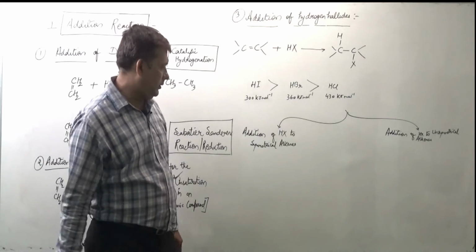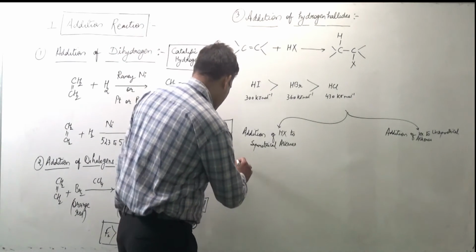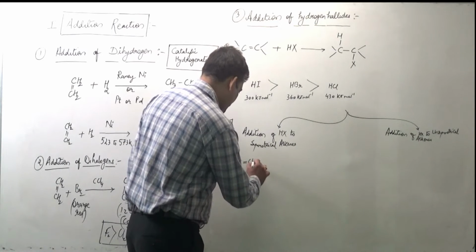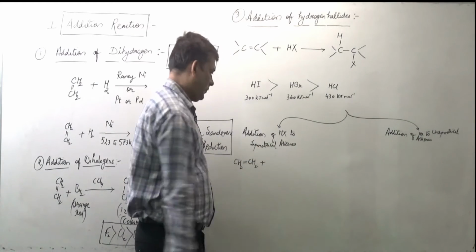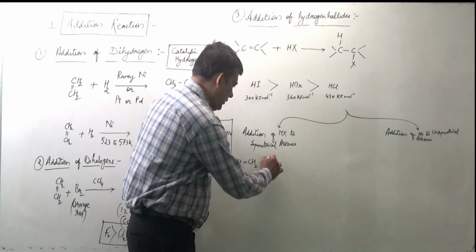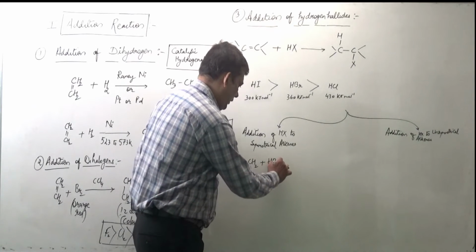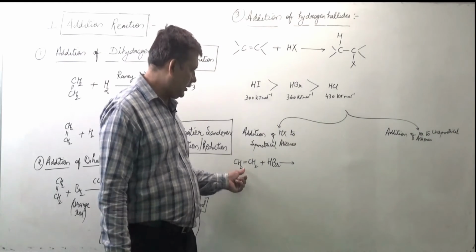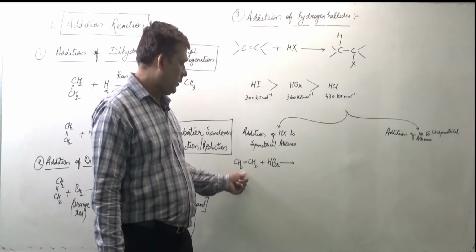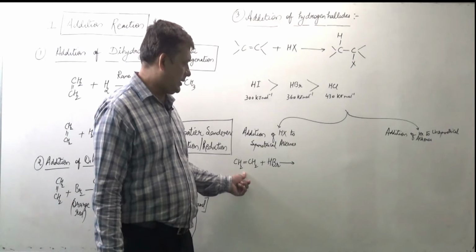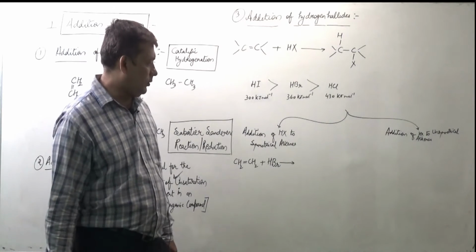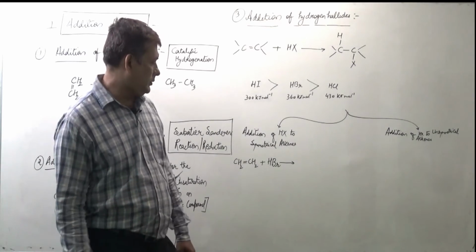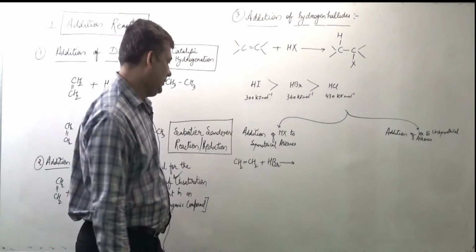Let us see one example. CH2 double bond CH2, this is a symmetrical alkene, and I have taken hydrogen bromide. On addition, the pi bond attracts the proton, so the proton can go to either of the carbons because it is a symmetrical alkene.